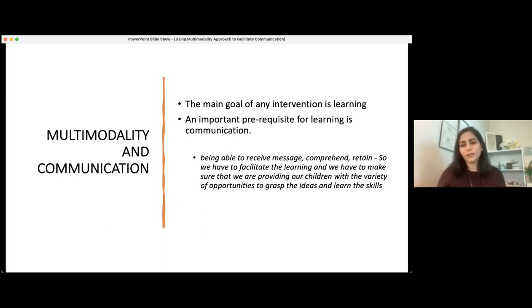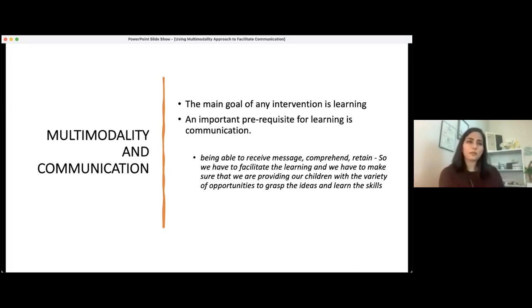So when we introduce or incorporate this method, that is the reason behind it: we are providing them with different opportunities and different modalities and different methods, so that we can give them a sort of platform, or I would even call it a toolkit, that they can pull from and be able to receive and comprehend and retain the message.